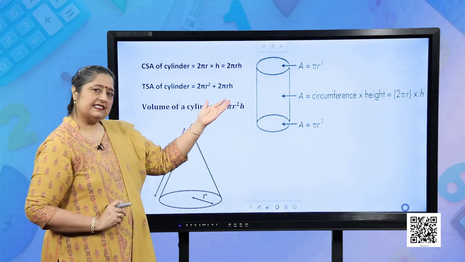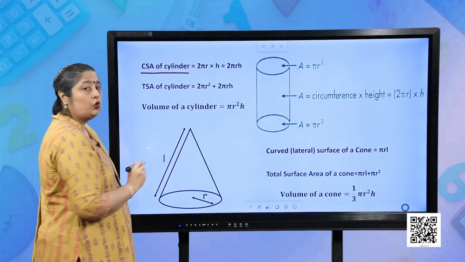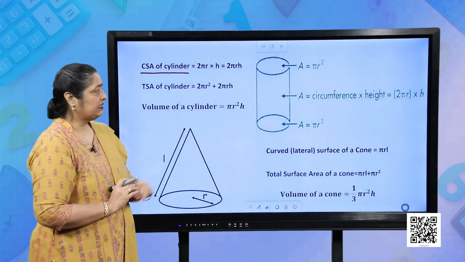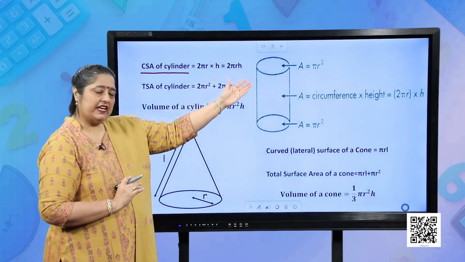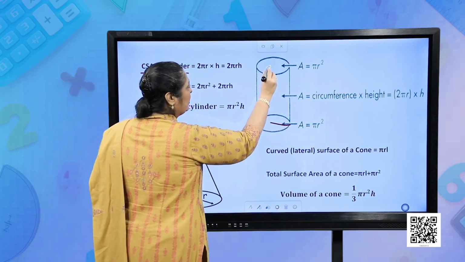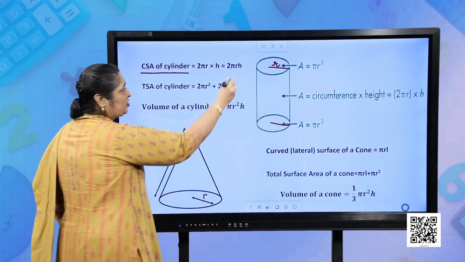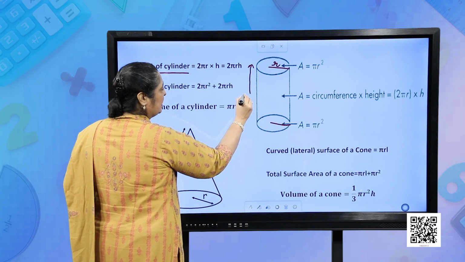Next shape is a cylinder. Surface area of a cylinder is 2 pi r h. What is r? R is the radius of the cylinder. And what is h? H is the height of the cylinder.